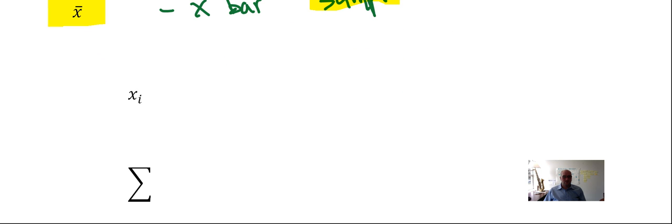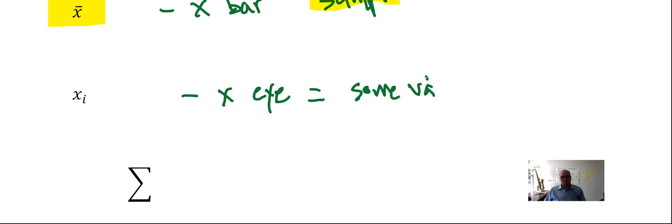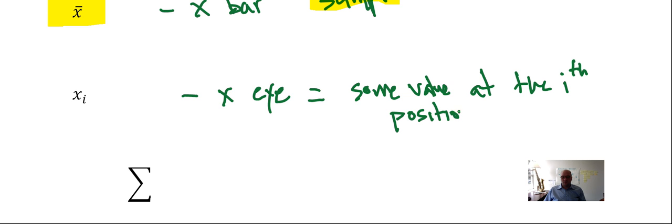All right. The next thing that's weird is this little x. When we talk about it, we see x sub i. And what is an x sub i? An xi is just some value at the ith position.